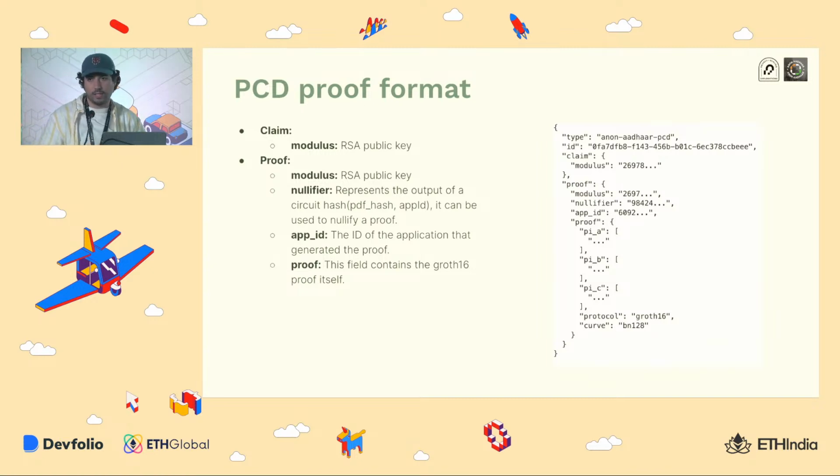Let's say that you want to create a voting platform on chain or off chain. You can use the nullifier to say, okay, this is a unique user, and assign a boolean to this nullifier and say true, false: did he vote? Yes, no. And then you have the proof, which is a Groth16 proof. You also have the app ID, which is the app ID that is the input of the circuit.